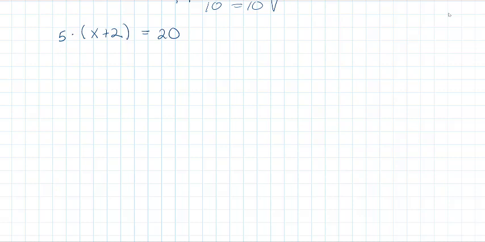And when we have parentheses, one thing we can do is use the distributive property. As a reminder, the distributive property shows us how to open parentheses. So let's do that on the left here.